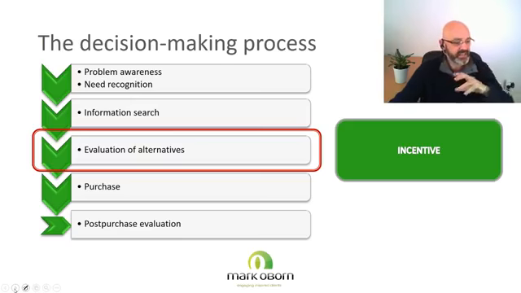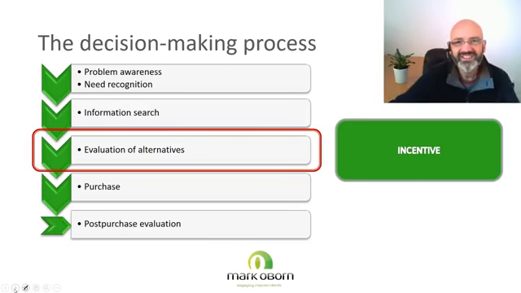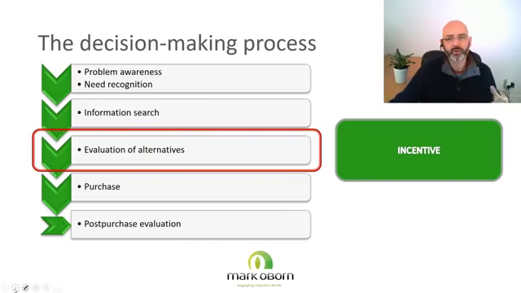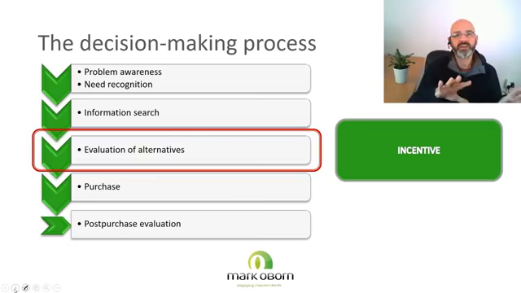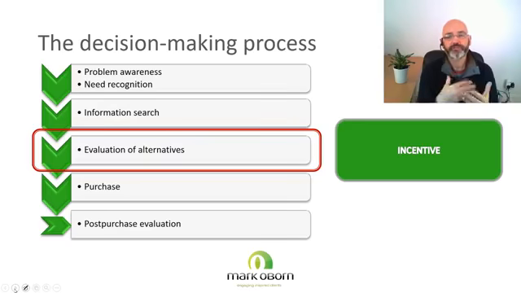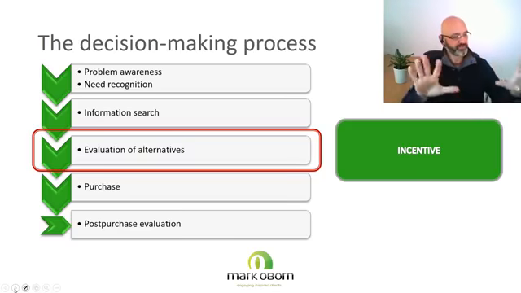So let's look at the next stage, the evaluation of alternatives. This is where incentives come in really useful, and we're going to look at this in a little more detail when we look at conversion optimization. If this is where a person is in their decision-making process when they land on your website, an incentive such as a free consultation, a refund of the initial assessment, or some form of incentive to send work to the laboratory as well can work really well when a person is looking at the various alternatives.